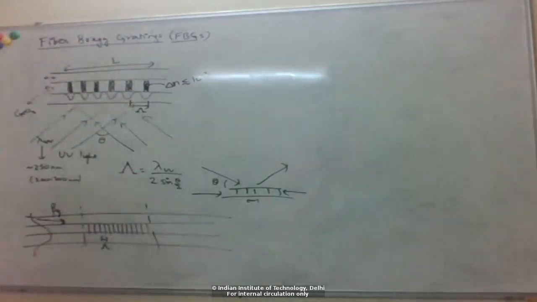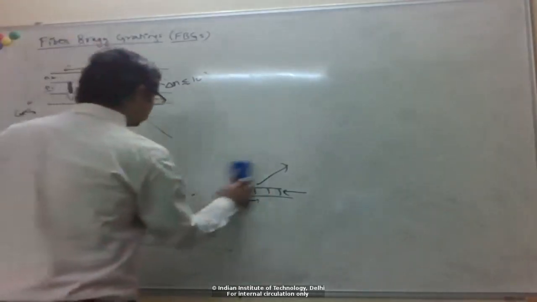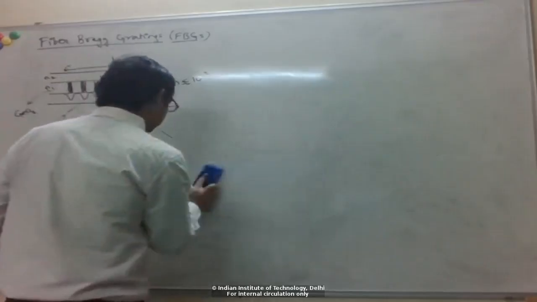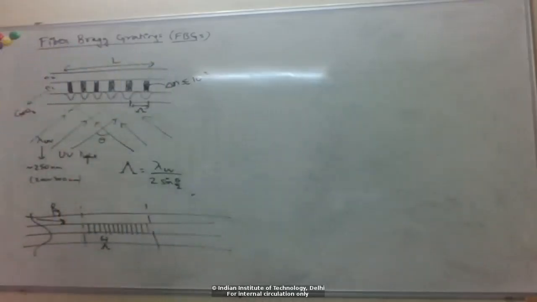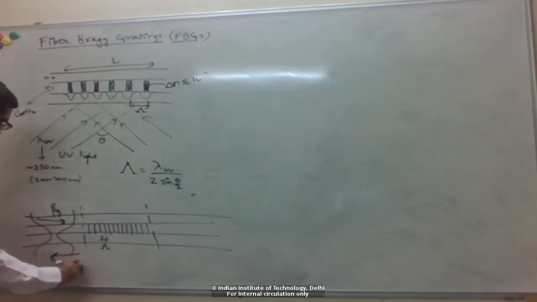Okay? So the Bragg condition for this kind of structure would be, you have a forward propagating mode and then you have a backward propagating mode here. For example, in single mode fiber, you just have the LP01 mode, which could be either forward propagating or backward propagating.